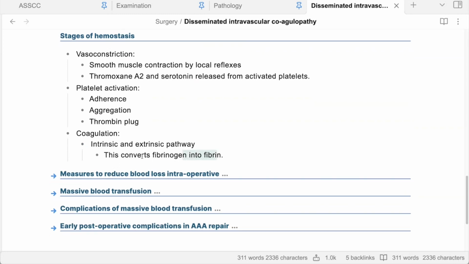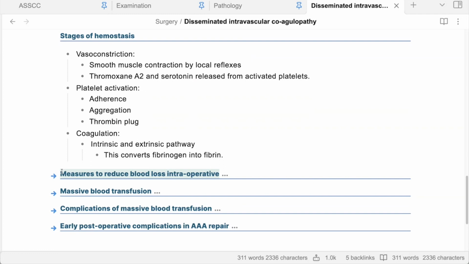What are the measures that you can do to reduce the intraoperative bleeding? Smaller incision surgeries, try to use laparoscopic and other scopic methods when one can.